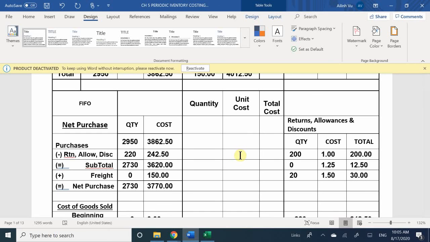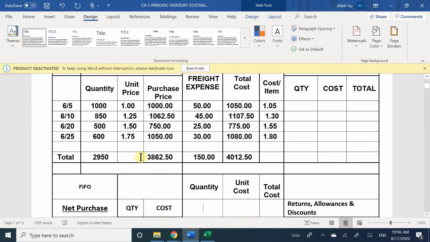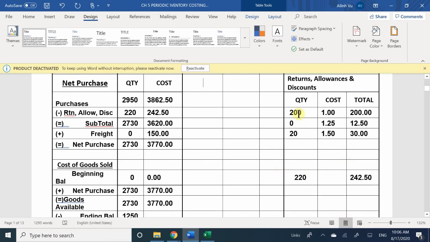So there are two ways of doing this. You can go in and recalculate everything, but you're going to get different answers and different numbers. Now, this second method, which I think is actually a lot clearer, is as if we were to just calculate our total cost of goods sold, and we subtract our total purchase returns and allowances.